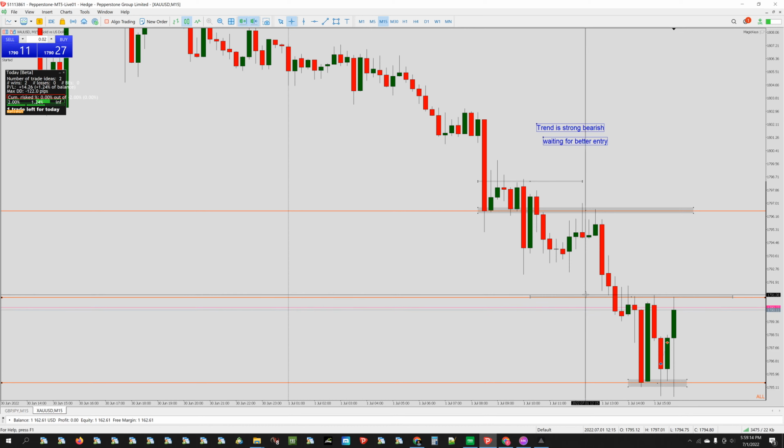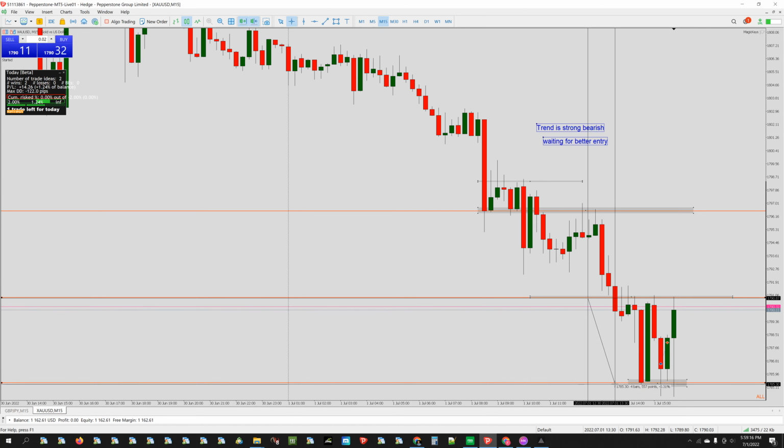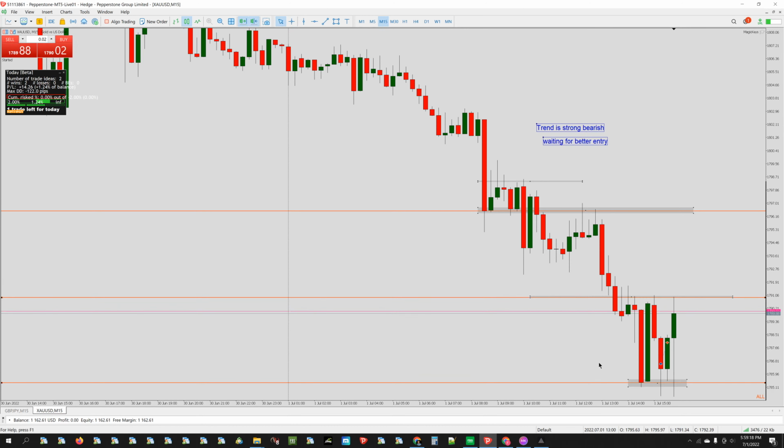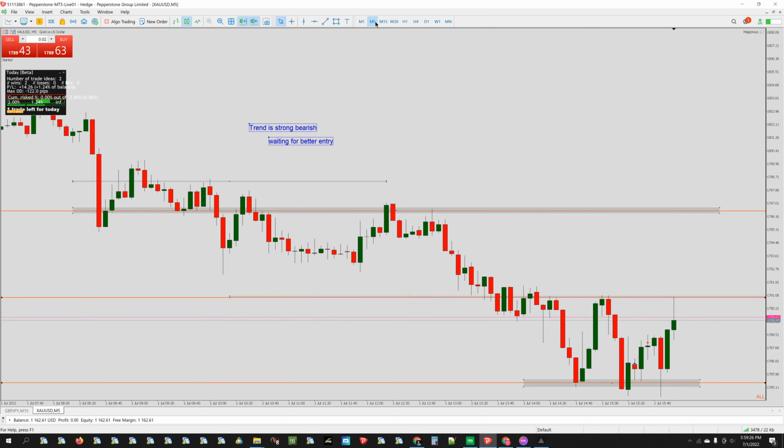So in gold, prices are basically ranging in a 55 pip range, and now it tested the 1791 area. We are just waiting at this point.